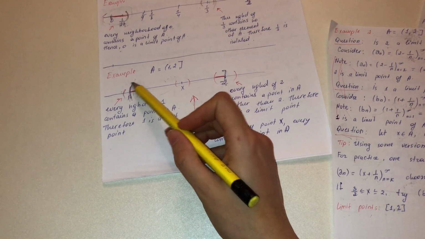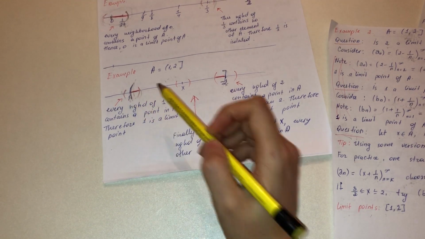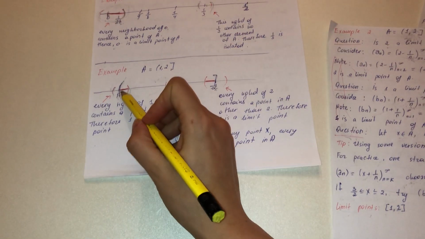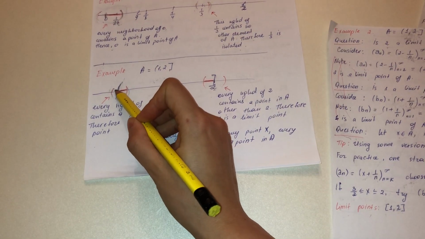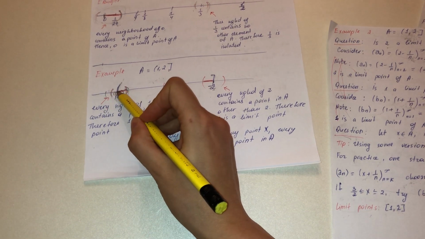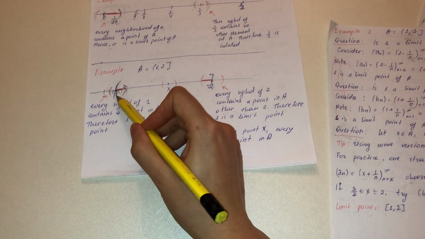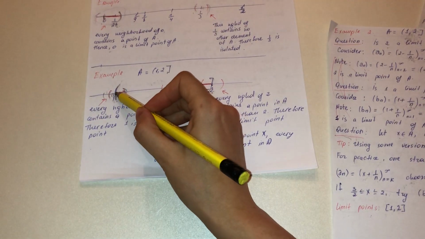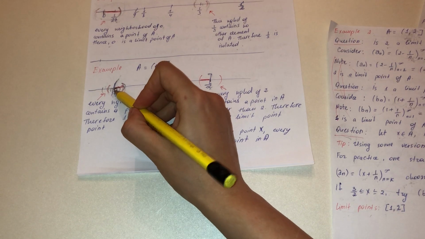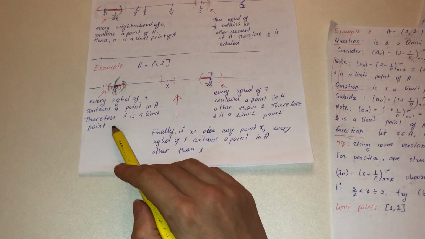This is a neighborhood of 1, and as you can see, any neighborhood, any little or large neighborhood of 1 contains an element of this set. Okay, any neighborhood of 1 contains.